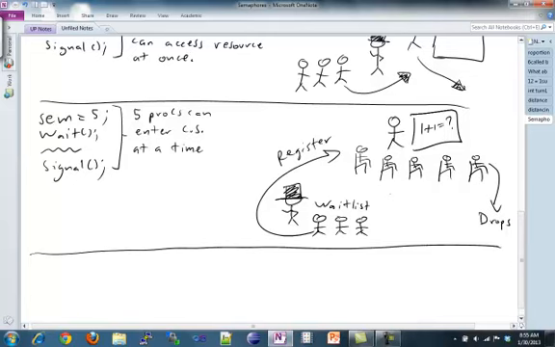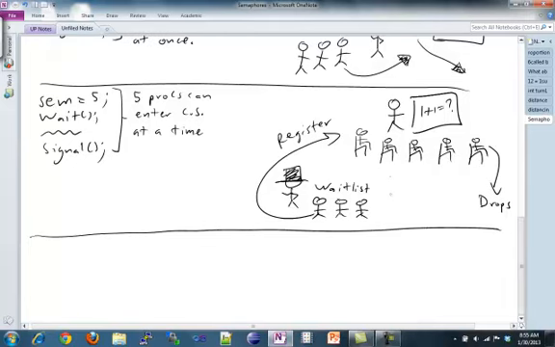What's another common example? What if we initialize our semaphore to 0? Now this example is a little different. Here, the first process that calls wait is going to block.